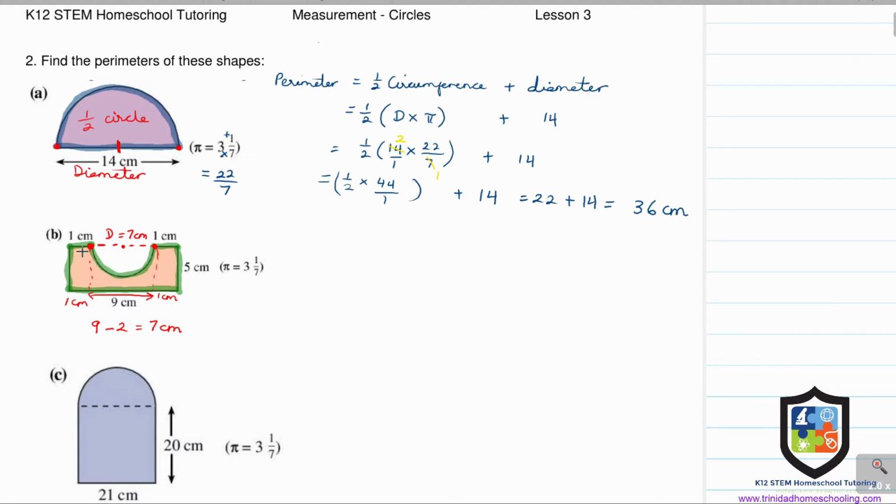Okay, so our diameter of that little part of the circle is 7 centimeters. So here we have to use our knowledge and some reasoning and some thinking to figure out what we need to get. Okay, so again, this is going to be a semicircle or half of a circle.